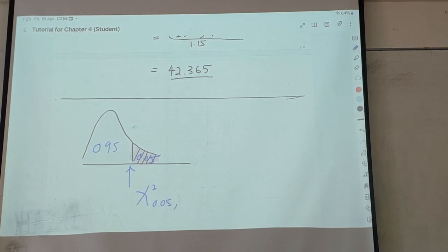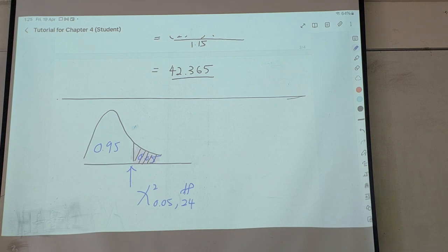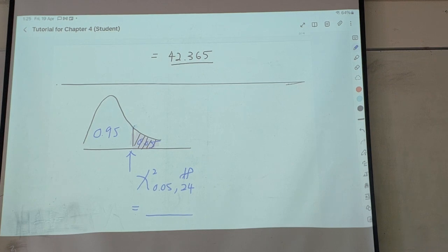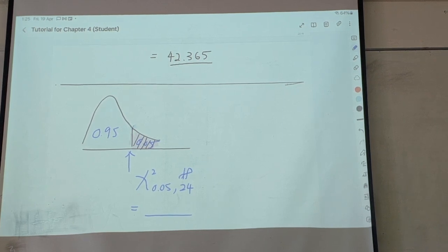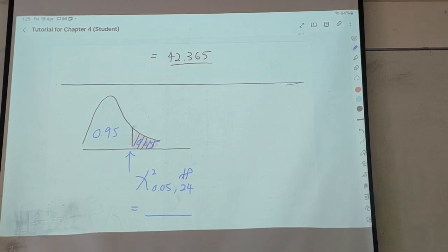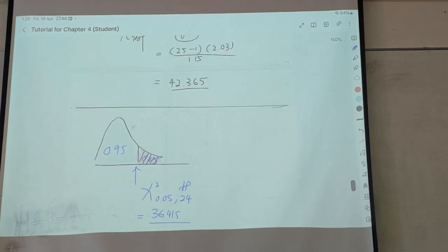Don't forget we need the degrees of freedom, which is 25 minus 1, 24. Are you able to get this value from the table? 36.415. Now you get the critical value already.